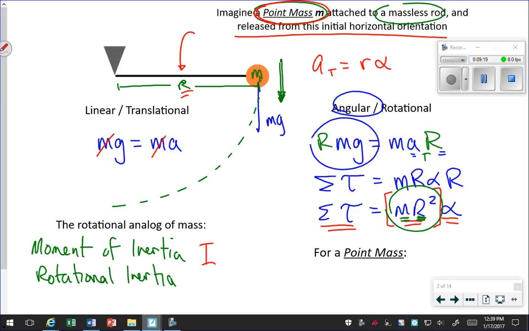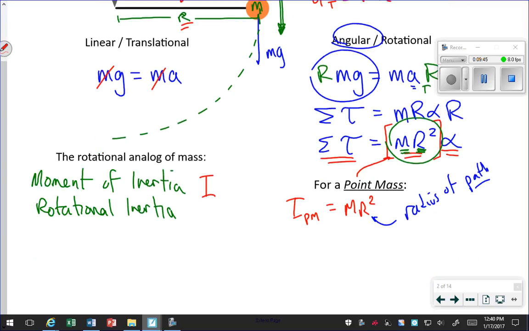And for a point mass, the moment of inertia, the rotational inertia, is m r squared, where, again, a point mass can only move in a path, so this is the radius of the path. And that also means that moment of inertia has units of kilograms times meters squared.